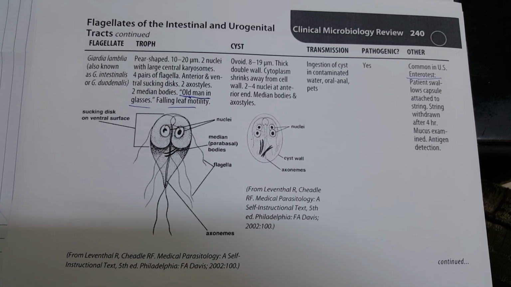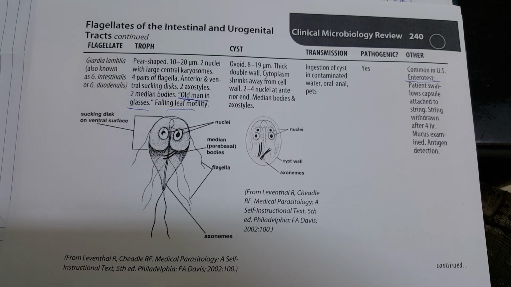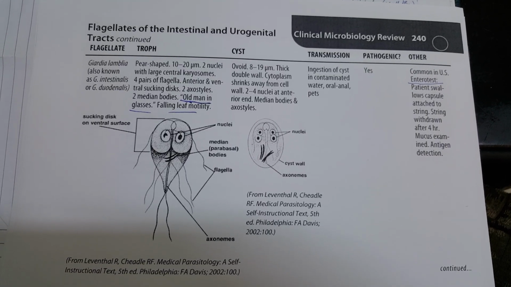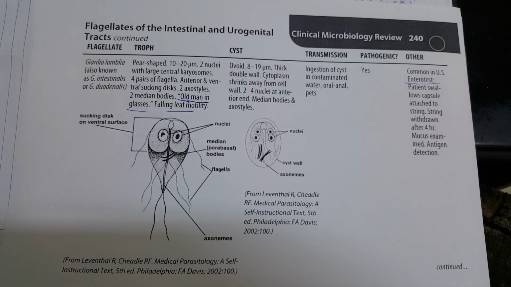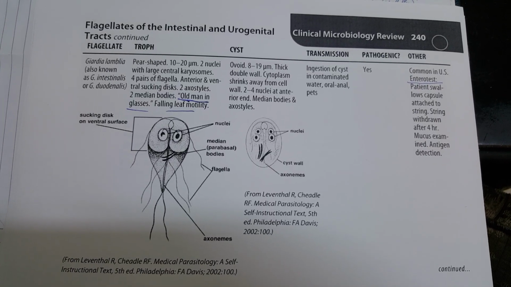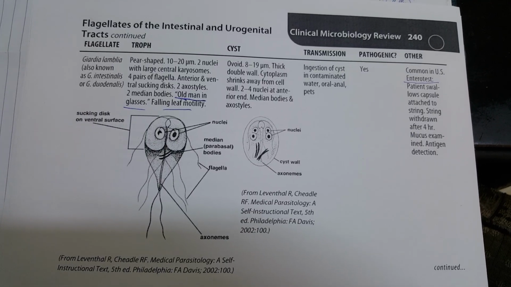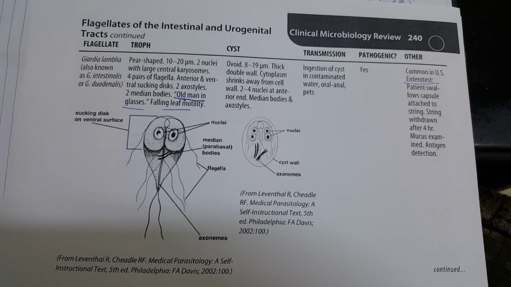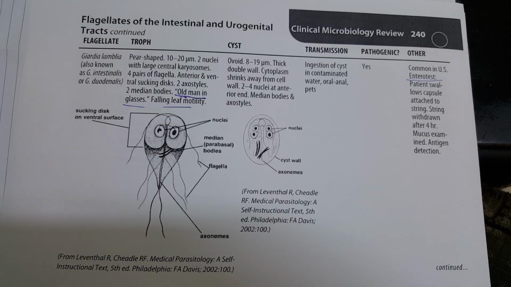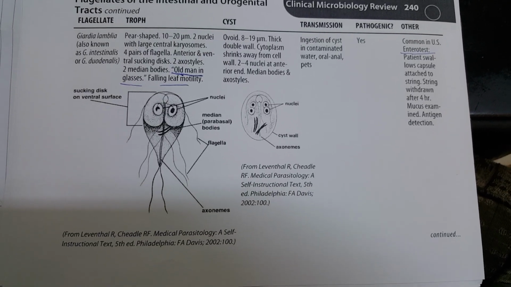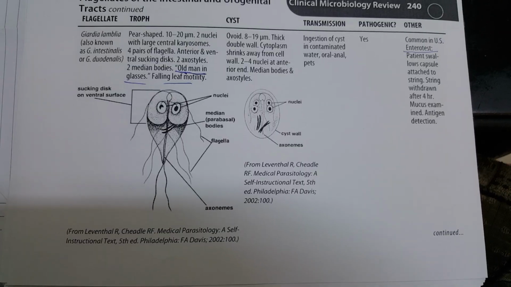Transmission is by ingestion of cysts in contaminated water and oral-anal contact, and it's a common pathogen in the US. In the Entero-Test, a patient swallows a capsule attached to a string, and the string is withdrawn after 4 hours. Mucus is examined, and detection of the antigen can also be done from this mucus.